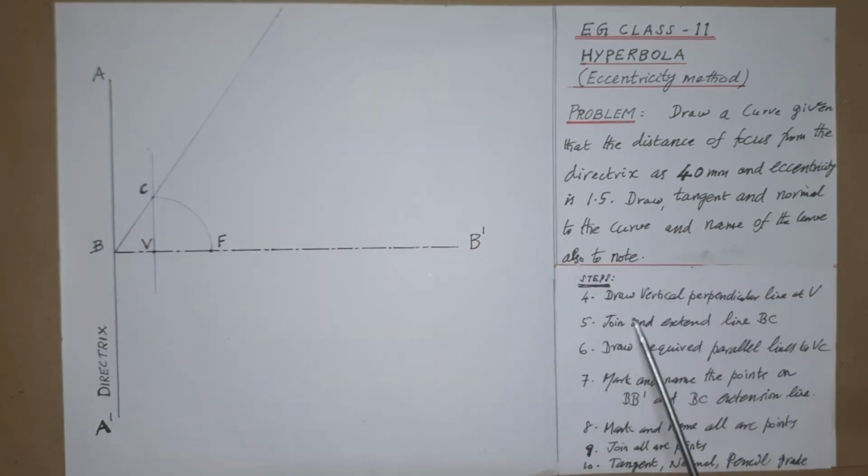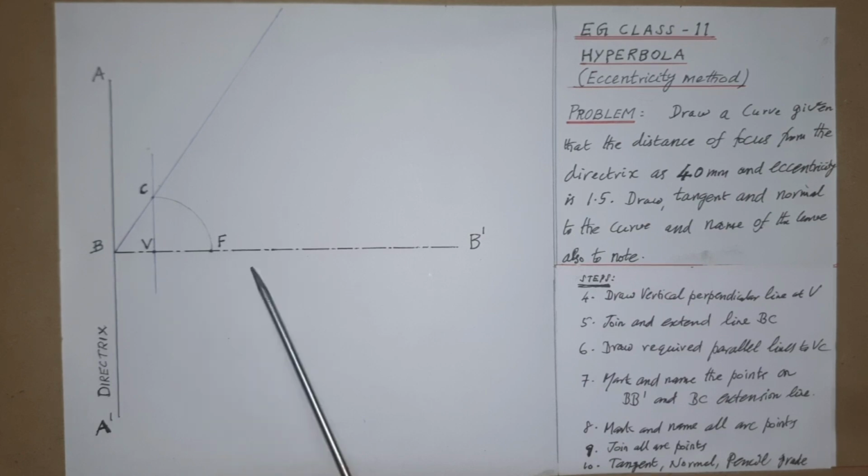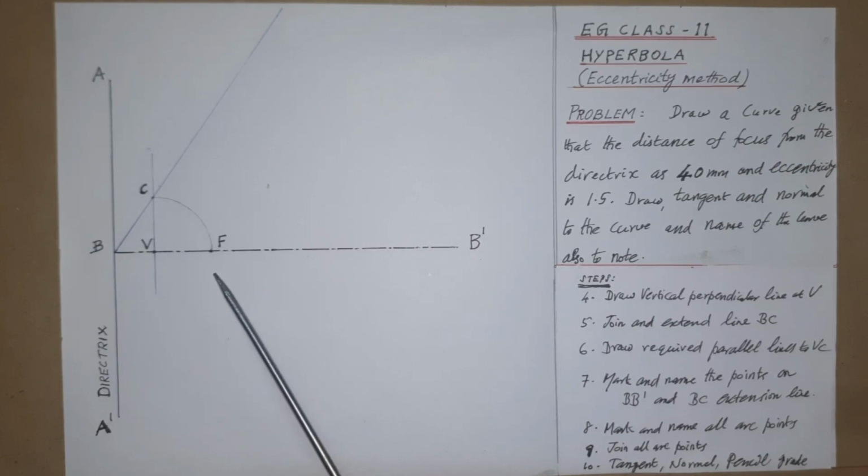Now as per step 4, draw a vertical perpendicular line at V. That is, V is already located. Now draw a perpendicular and vertical line to the axis at point V as shown, so that we mark C taking VF equal to 24 millimeter.